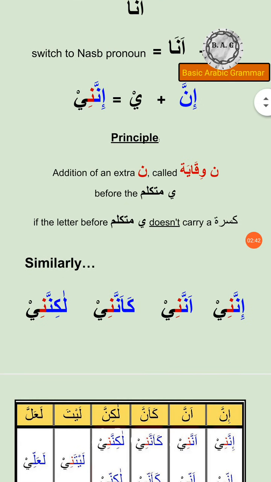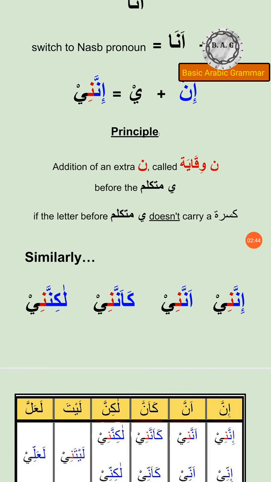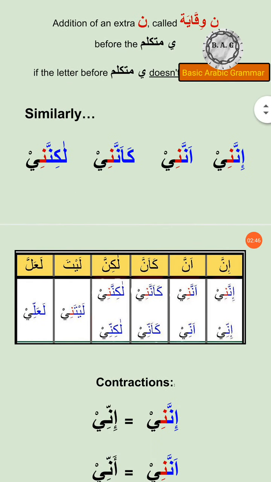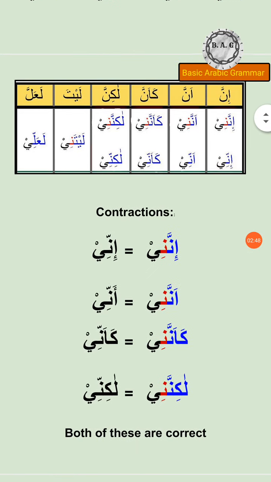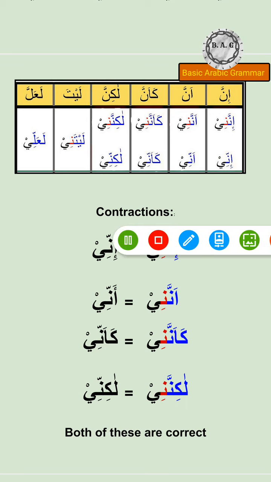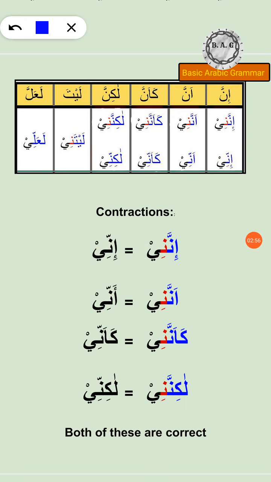Now one other point regarding this is the concept of contractions. So what is this? As you can see in the table, I have written two variants of these four words.